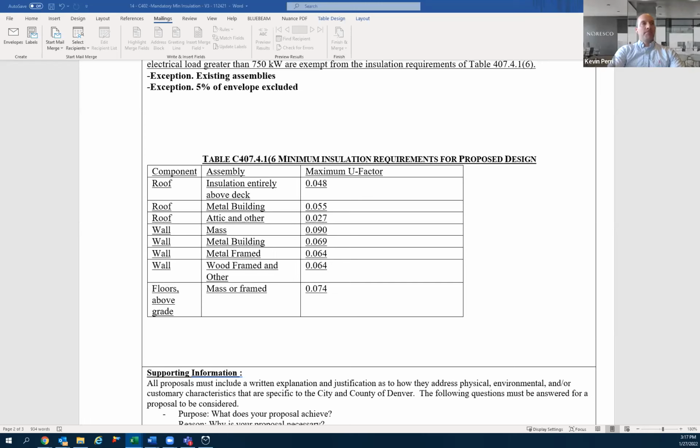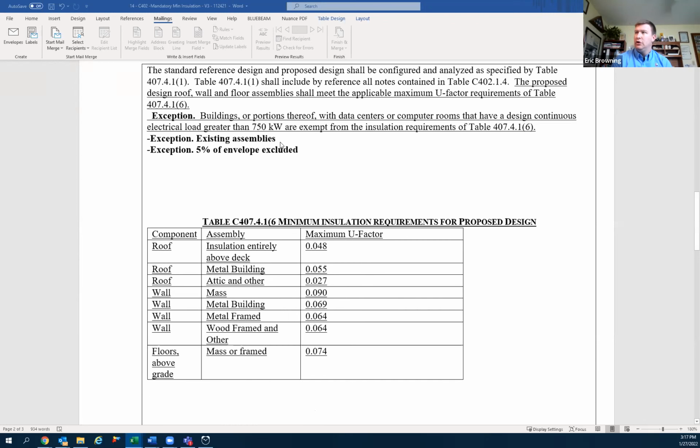Eric, go ahead. Thank you. I'm going to jump in with some more specific language to work with Elizabeth and Sean in terms of the first additional exception, specifically: new roof, wall, and floor assemblies in the proposed design shall meet the applicable minimum U-factor requirements of table 407.1.46.